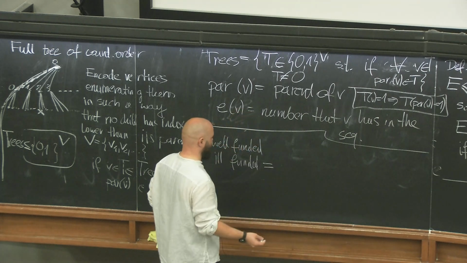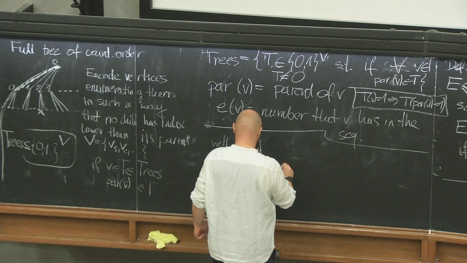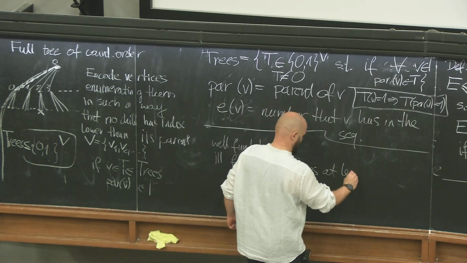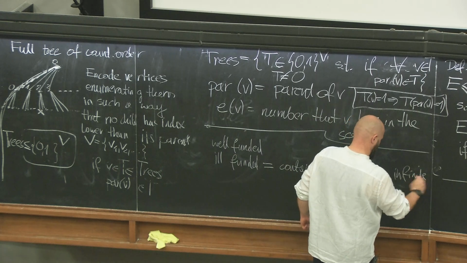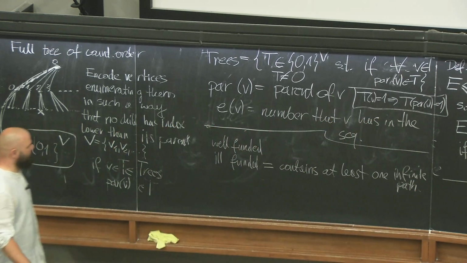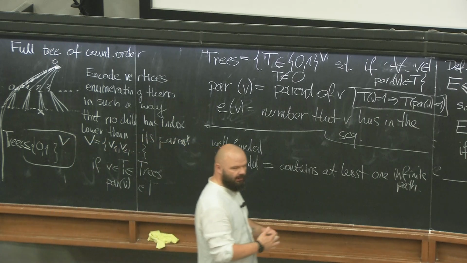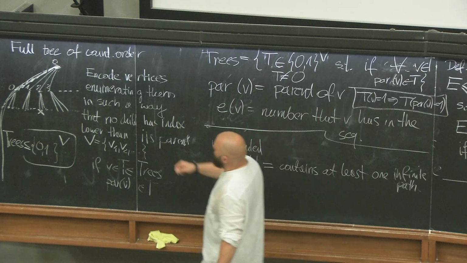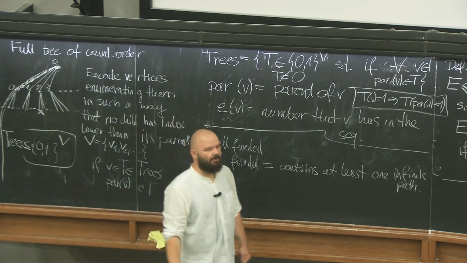A tree is a set of vertices or a characteristic function. And this is an existential statement, right? A tree is ill-founded if and only if I can find a sequence of vertices which always go down, right?